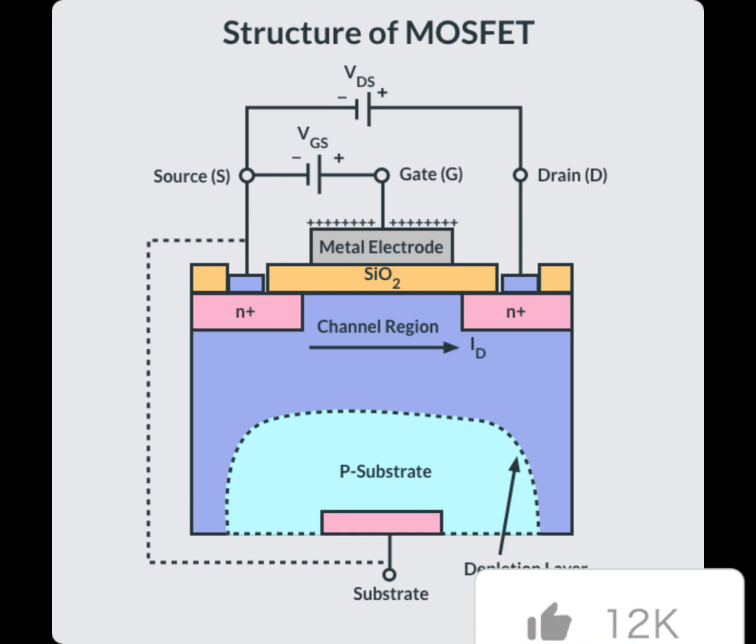The width of the channel is controlled by voltage on an electrode called the gate, which is located between the source and the drain. It is insulated from the channel by an extremely thin layer of metal oxide. A metal insulator semiconductor field effect transistor, or MOSFET.